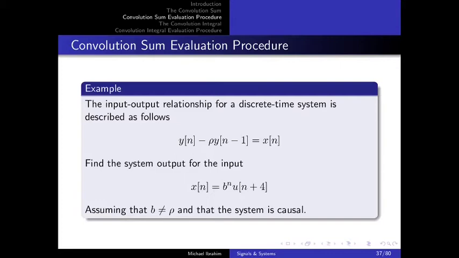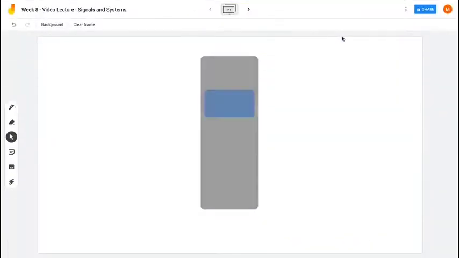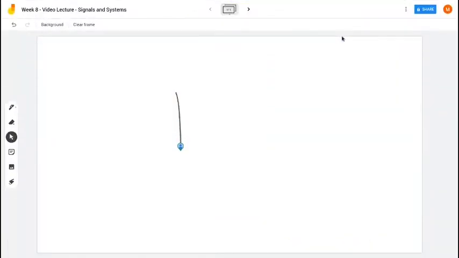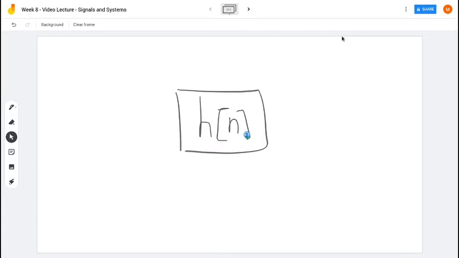As you remember, the impulse response was basically the response, or the output, of an LTI system when the input is an impulse. Then we started talking about discrete time systems, that is, a system with an impulse response h of n, an input x of n, and an output y of n.